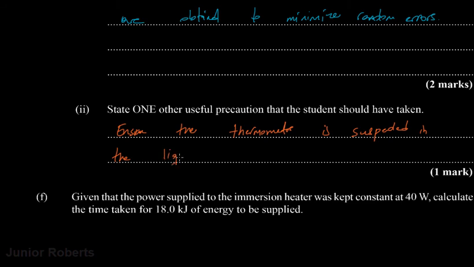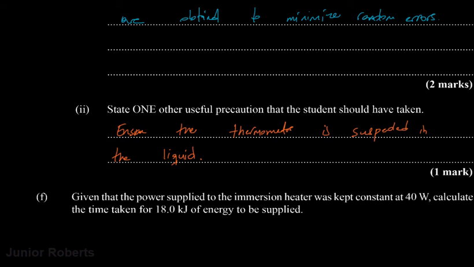Because you don't want the thermometer to be placed at the bottom of the container. If you're using a beaker, you don't want the thermometer to be at the bottom of the beaker, because it will be measuring the temperature of the beaker, not the temperature of the water. And you don't want it to be too high in the water, so it is being exposed to the air and you're getting incorrect readings for the temperature. So now we can continue.